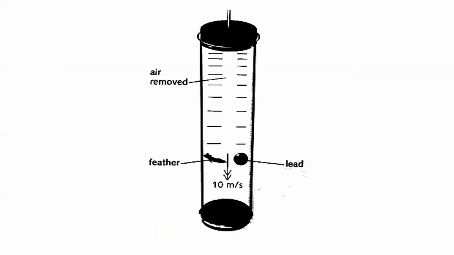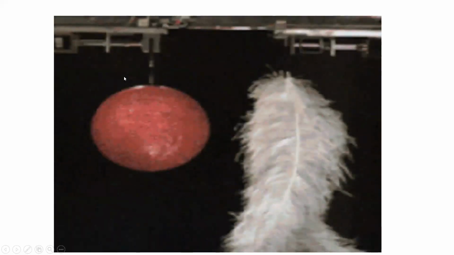Example, if you drop a feather and a lead ball, they have different masses and different weights, but without air resistance, when these objects fall, they will have the same acceleration, so they will take the same time to hit the bottom of this container.